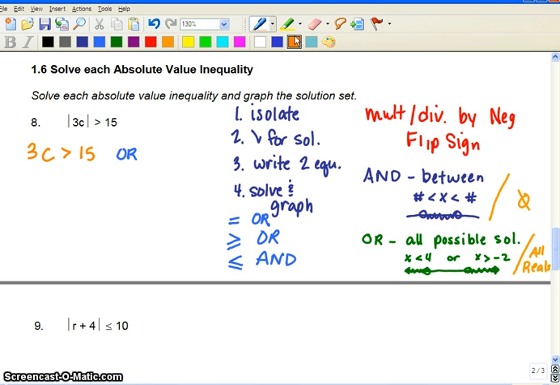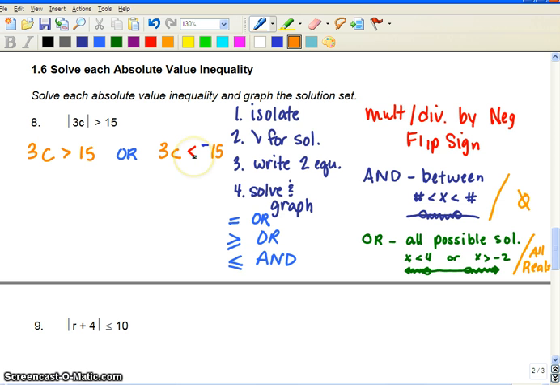That's what's going to determine which word. Okay, now we need to write our second equation. So we would say that 3c, and instead of just putting greater than, you have to switch it to less than. You also need to make it -15. So not only do we switch this sign to negative, we have to flip that inequality sign as well.